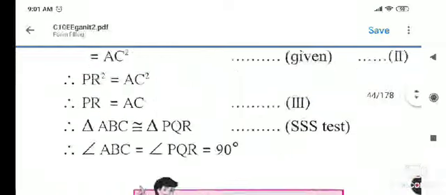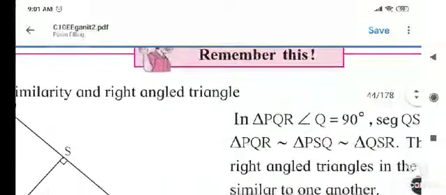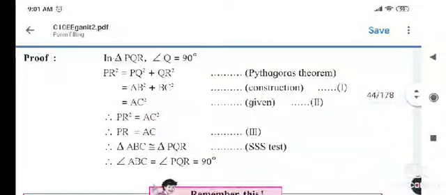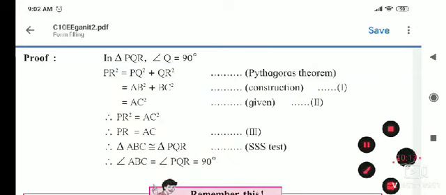As angle Q is congruent to angle B, triangle ABC is also a right angle triangle. So in that way we have proved that if in a triangle the square of the hypotenuse is equal to the sum of squares of the remaining two sides, then the given triangle is a right angle triangle.